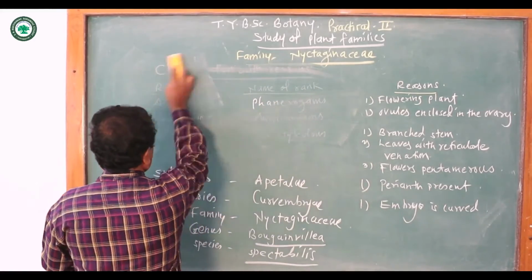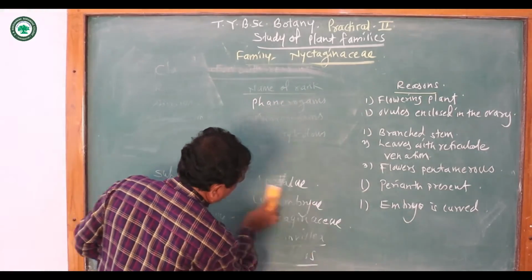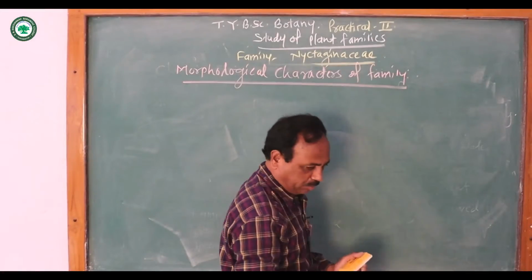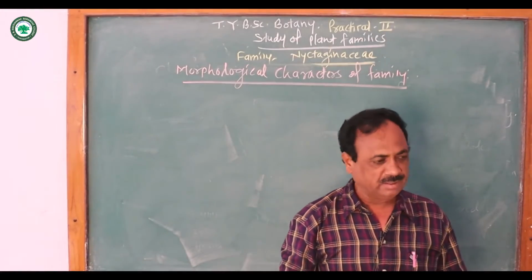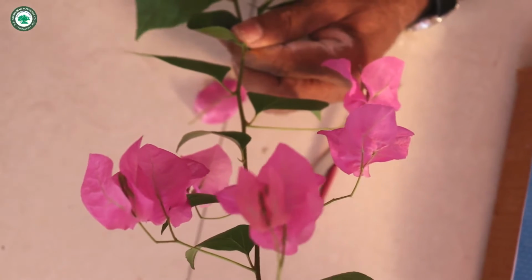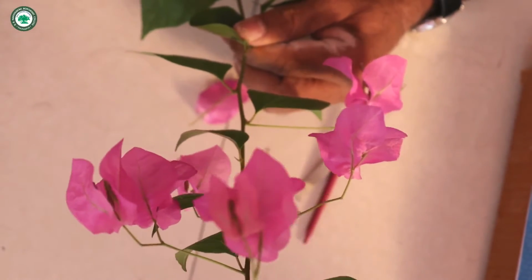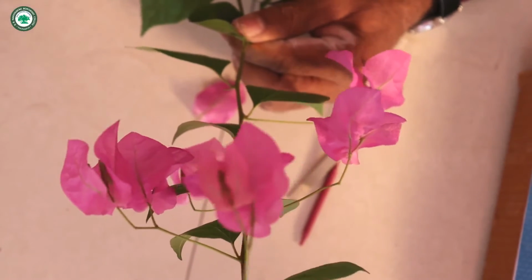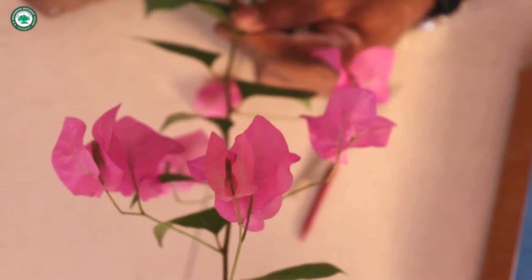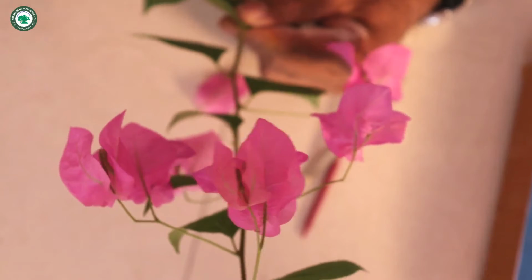Now let us see about the morphological characters of the family, so we can study it directly with the help of the plant material. So let us see the study of plant family, that is the Nyctaginaceae. In that, first we will see about the morphological characters of the family.